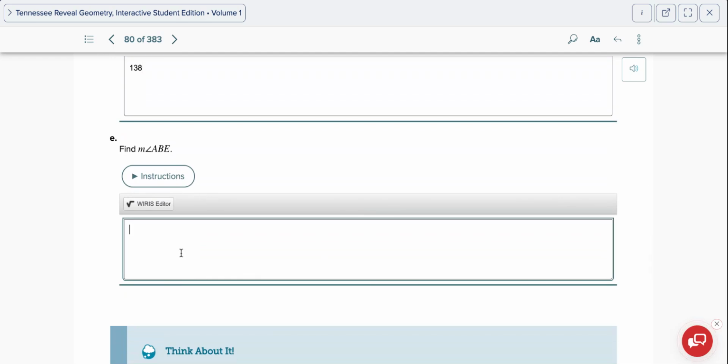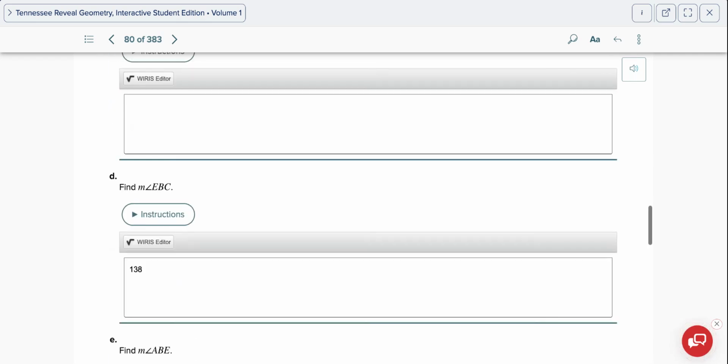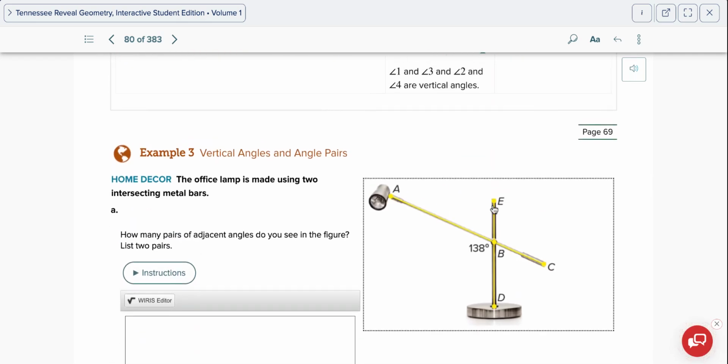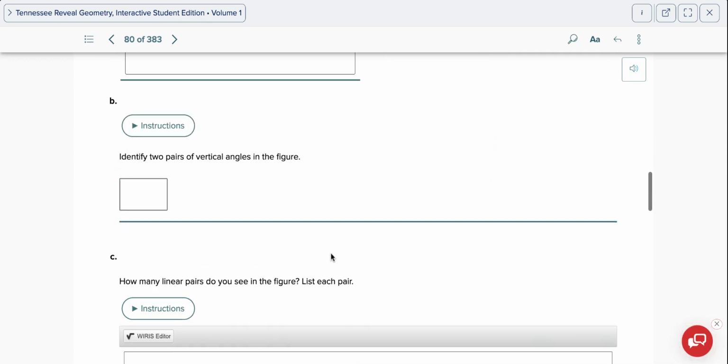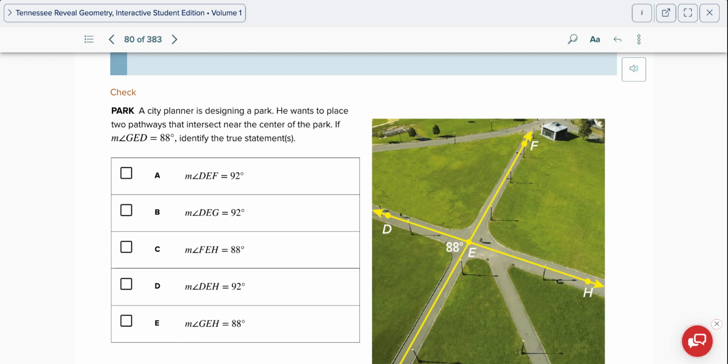Well, what is 180 minus 138? Grab your calculator. Put in 180. Subtract 138. You get 42. The answer is 42. By the way, if this angle ABE is 42, so is this bottom angle CBD. It's also 42 because vertical angles are equal to each other.